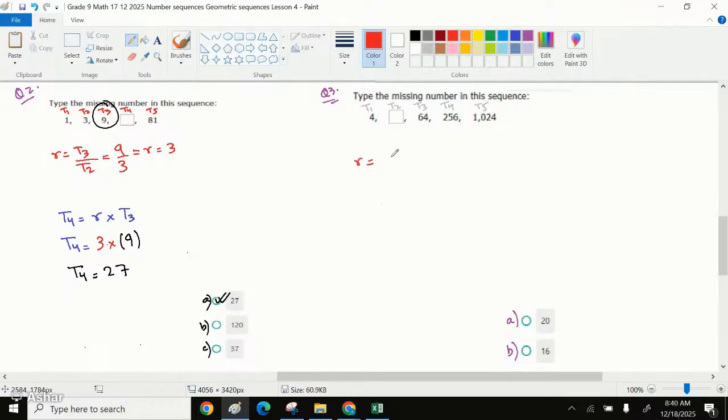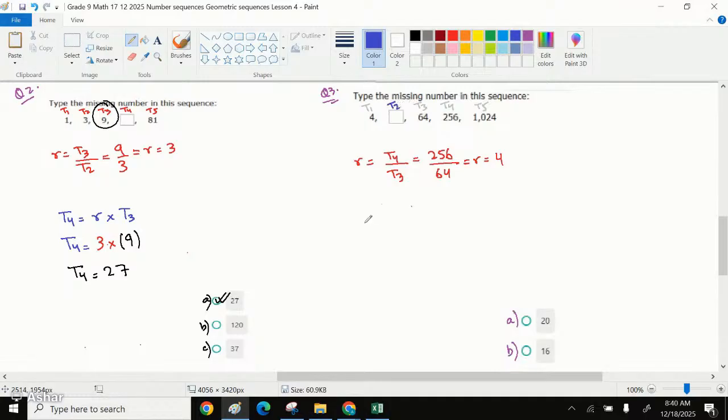So if I would say term 4 is divided by term 3, 256 is divided by 64. 256 divided by 64 is 4. That means the ratio comes out to be 4. What term do we need to find?